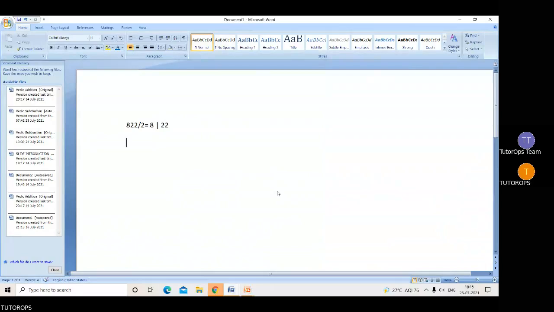But if I just change the problem a bit, say 634 by 2, here the parts should be done in this way: 6-34, and then the parts will be 3, after dividing 6 by 2, and the latter part will be 17.